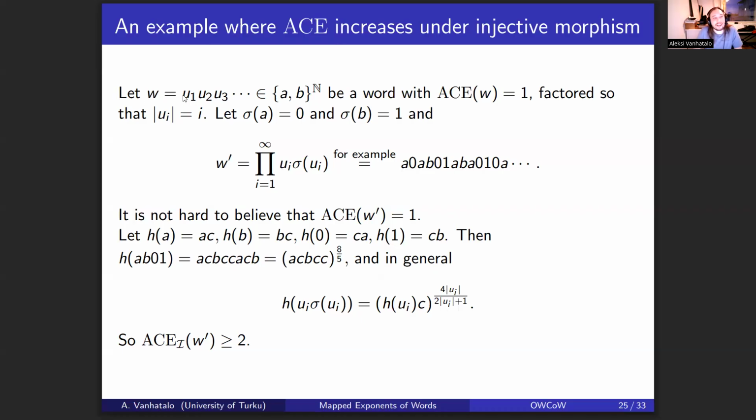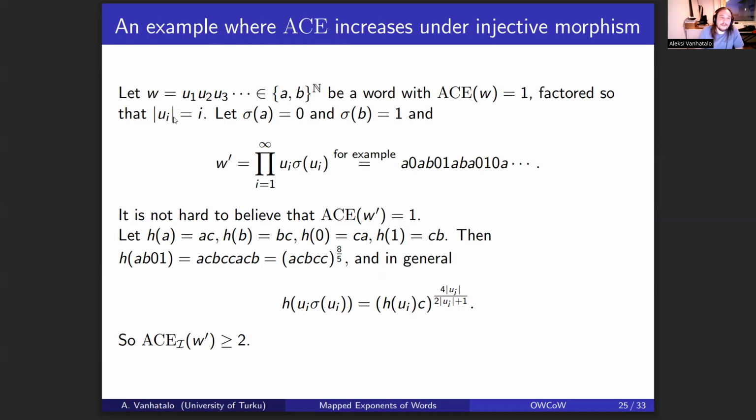So we start with an infinite binary word with A's value equal to 1. It was proven, in the theorem at the start of the talk, that these words exist.